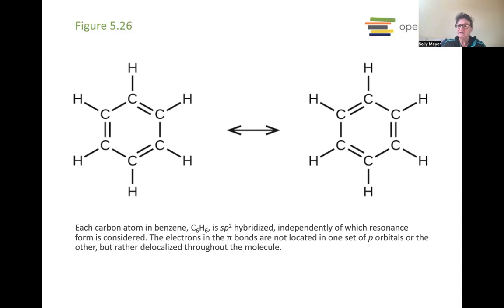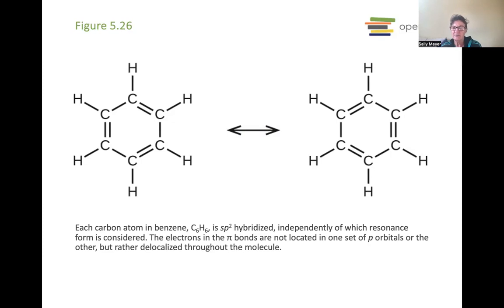We have a blend: every carbon has a single bond, but then those double bonds are shared. So each bond is about 1.5 bond orders between the carbon atoms. And so that means that the hybrid is a blend of those 2. And the p electrons are in the p orbitals.